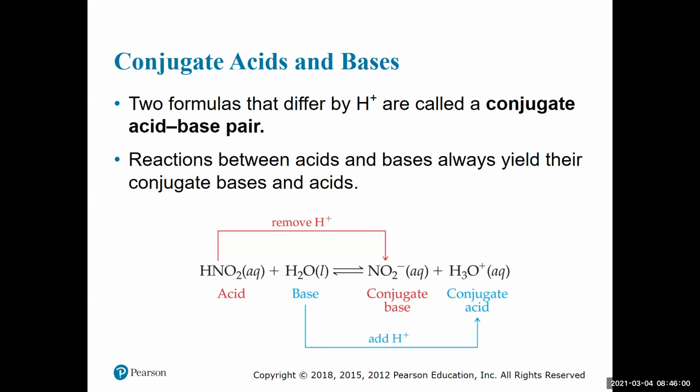And then in this case, the water is acting as a base in this reaction, and its conjugate acid would be H3O plus. So you always have that association of the acid-base pair. And it's typically simply just one form has the proton, one form doesn't have the proton.